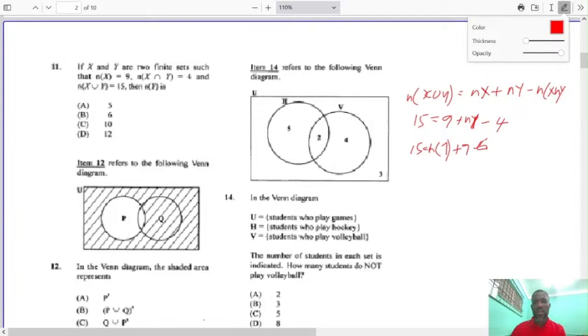So 15 is equal to the number in y plus 5. So therefore the number in y is equal to 15 minus 5, which is equal to 10. So our answer here is 10, which is C.